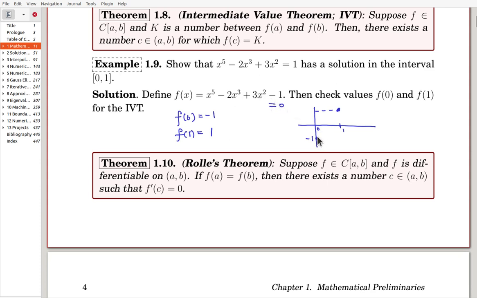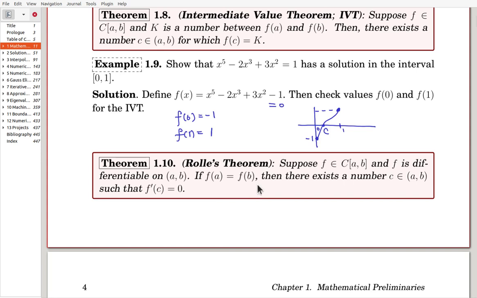So the curve must go in this way. Somewhere it should hit the x-axis. That's basically the C. So pictorially it is quite clear. This theorem, the intermediate value theorem, is quite useful to check if a solution exists inside the prescribed interval.